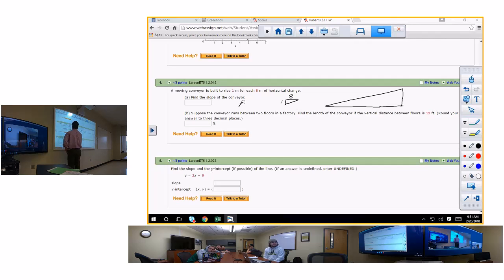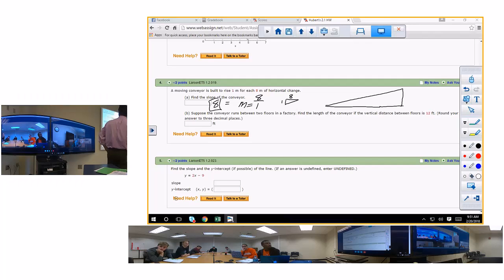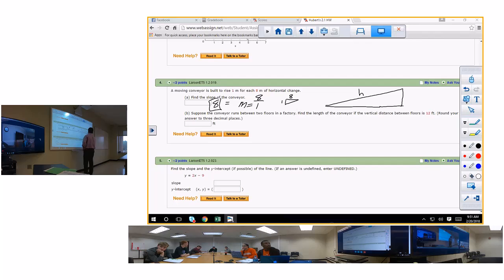Slope is equal to vertical over horizontal. Slope is equal to 8. Now, we know that it says, suppose the conveyor runs between 2 floors in a factory. Find the length of the conveyor, which is H, right here, if the vertical distance between the floors is what?